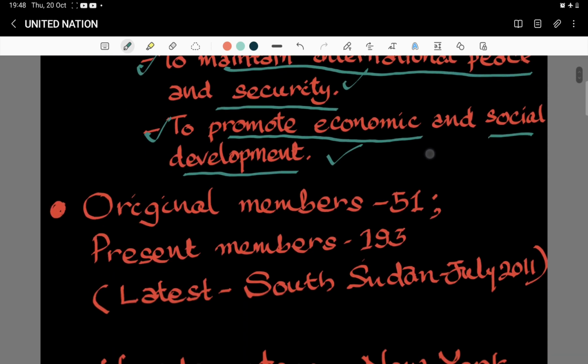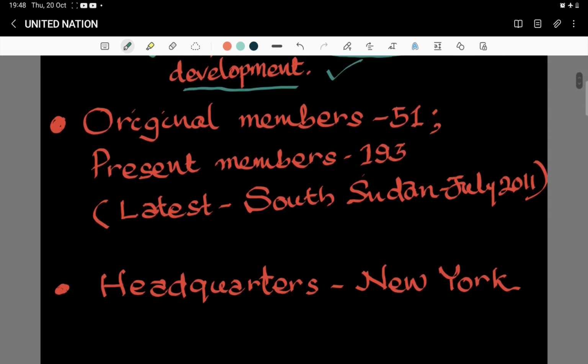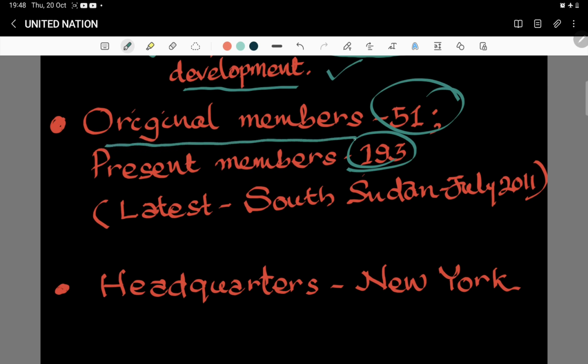Now let's move to the second point, that is how many member states are in the United Nations now. Currently the United Nations has 193 members, but it was started with only 51 members. These are known as original or founding members.